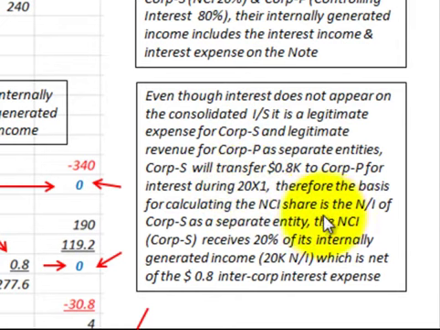Therefore, the basis for calculating the non-controlling interest share is the net income of Corporation S as a separate entity. The non-controlling interest in Corporation S receives 20% of its internally generated income. That was $20,000 of their net income, which is net of this $800 intercompany interest expense.